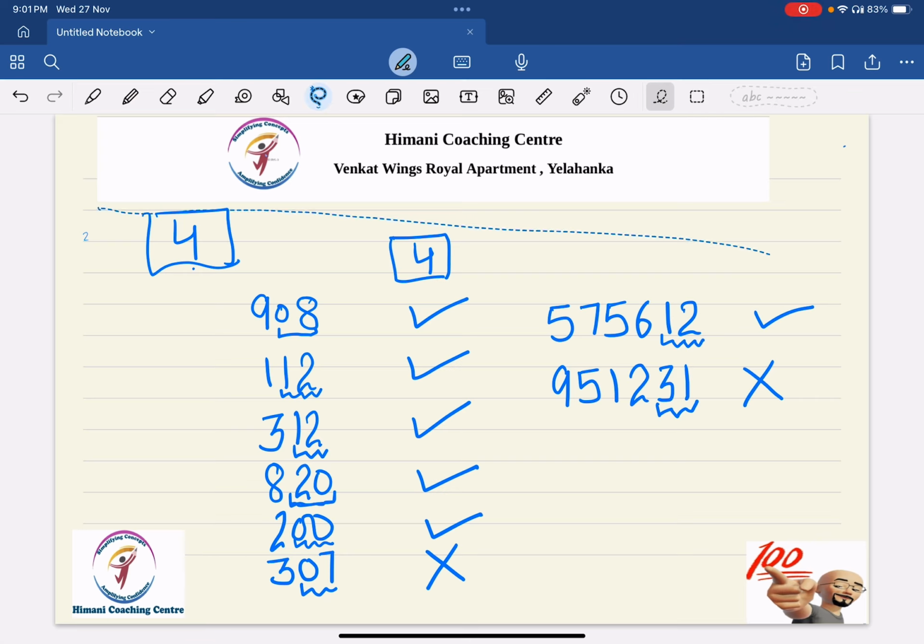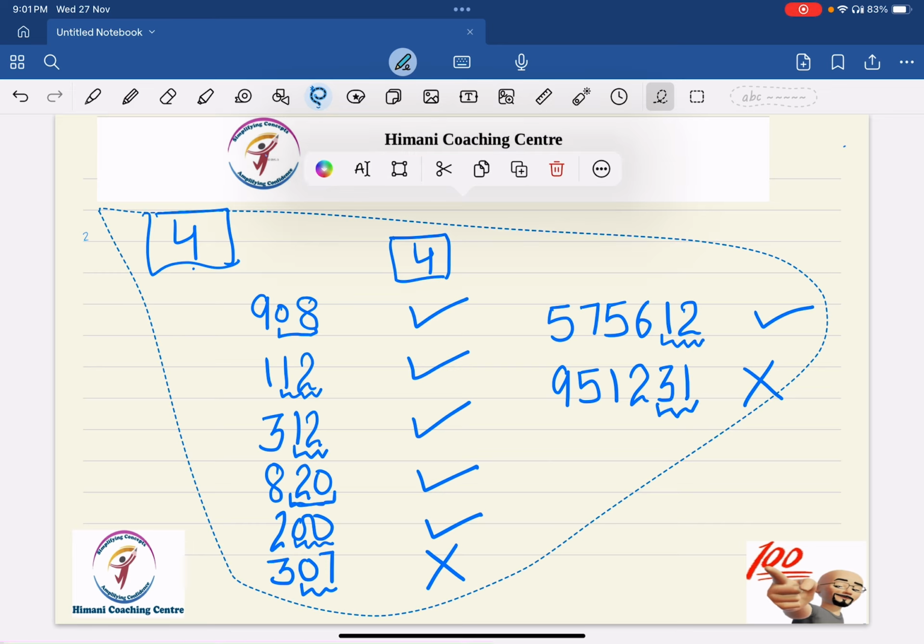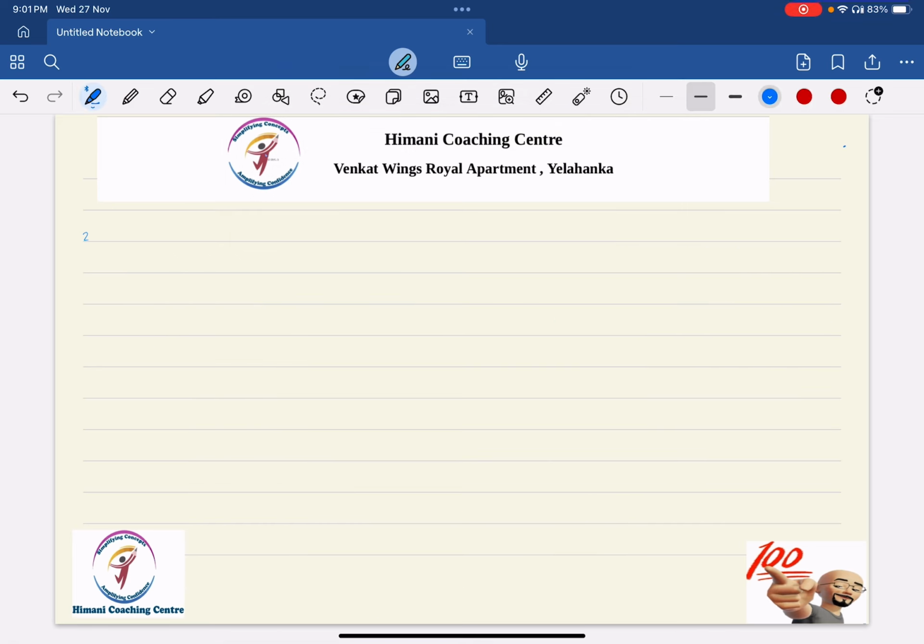Okay. So kids, with this video, up till now, you have learned the divisibility rules from 2 to 6. Now I will give you some questions. You have to check the divisibility by 4. I am writing a few questions and you can pause the video and check whether the numbers which I am writing now are divisible by 4 or not.